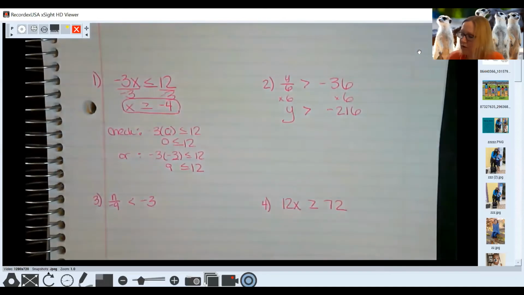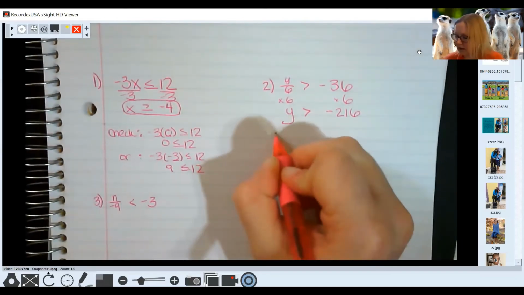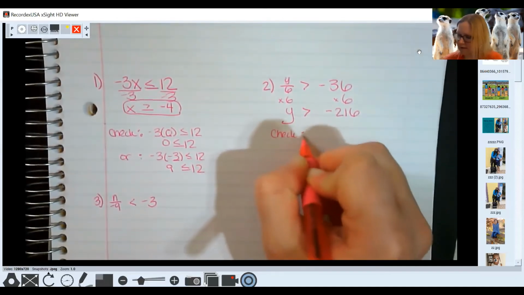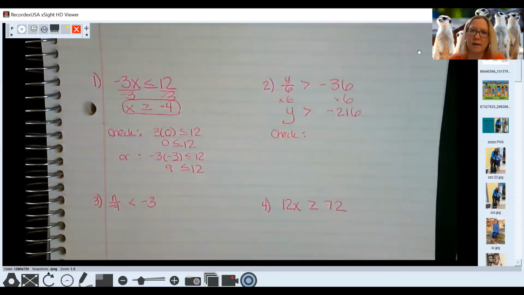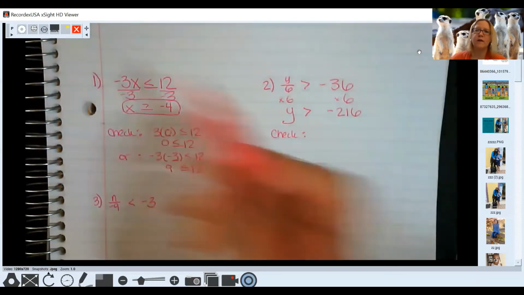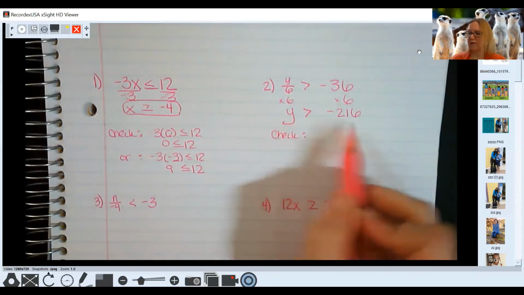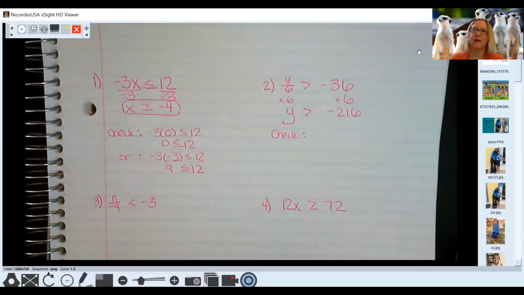All right, so let's check our answer, make sure it's correct. So again, I'm just going to pick an easy value to use. So a value that's greater than -216. Again, I could use something like -215, but to me, something like 0 or 1 is easier.